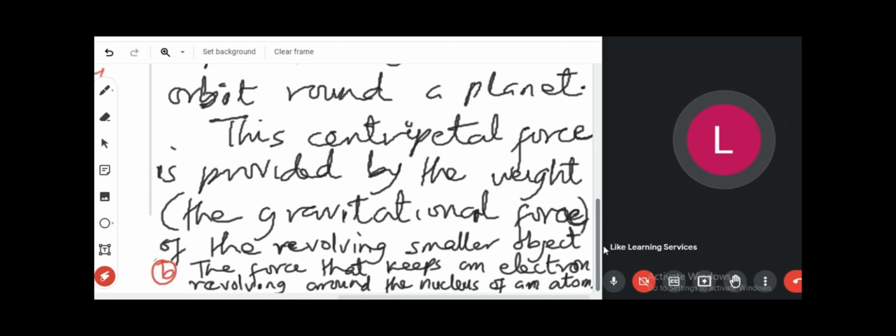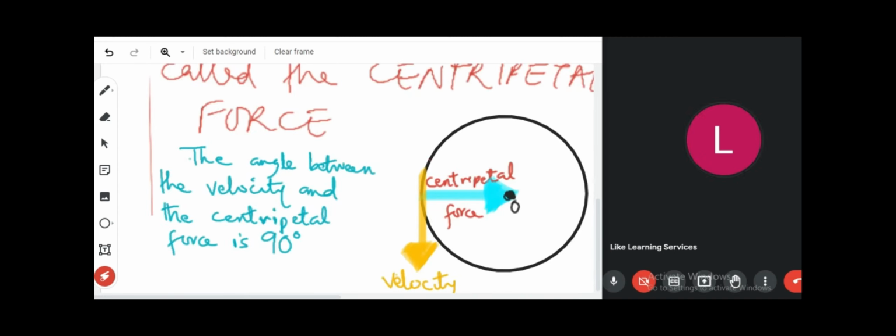and many more. You can also find it when a car, for instance, is negotiating a circular track. When a car is trying to move around a circular track like this, there's also a centripetal force.